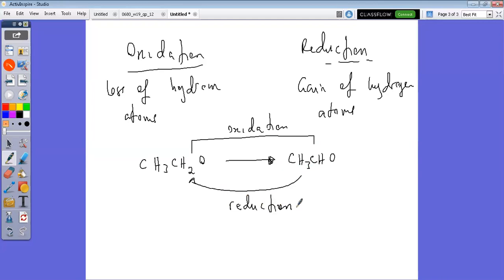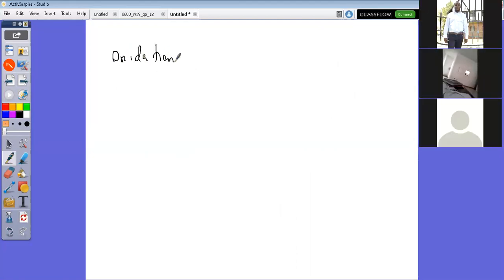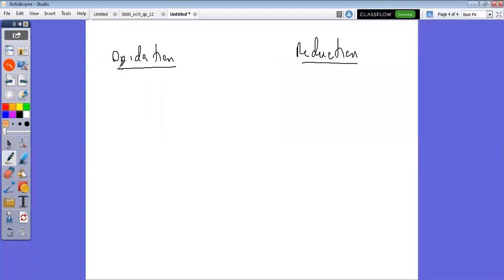This is a reversible reaction. Are we together there? Now let's look at the next one, which talks about electrons. Before the definition, I have to explain, because that's the one that confused many.